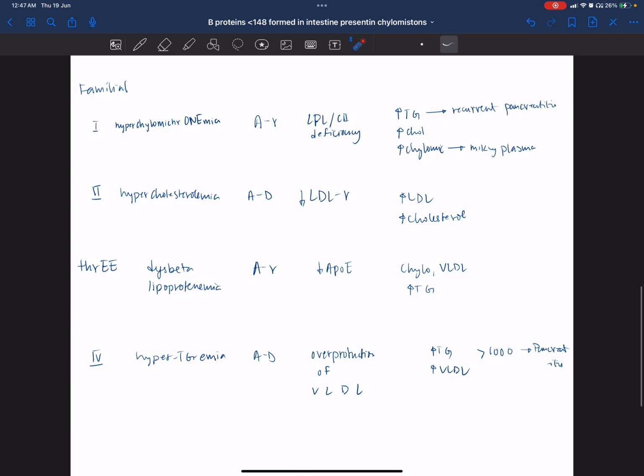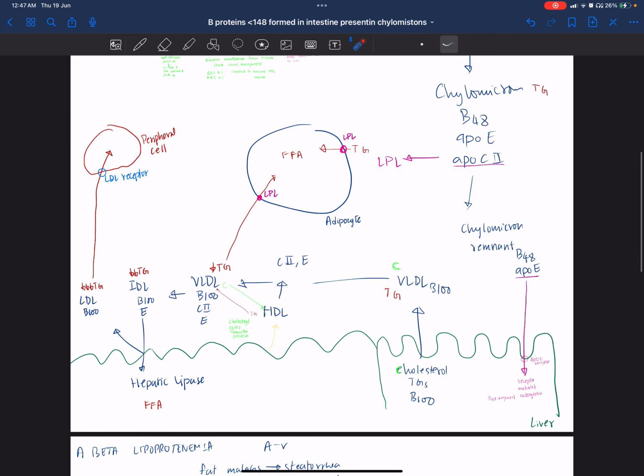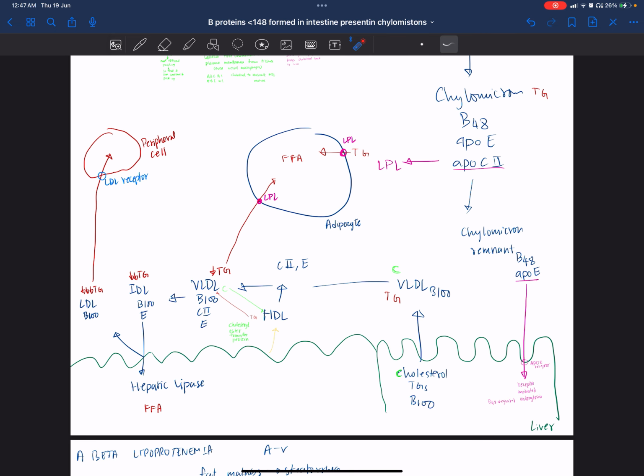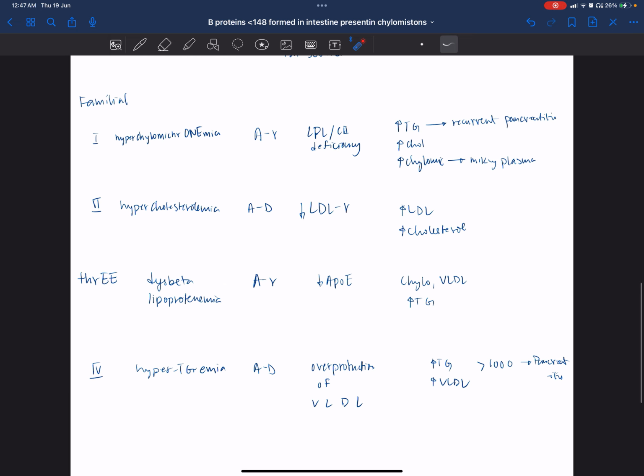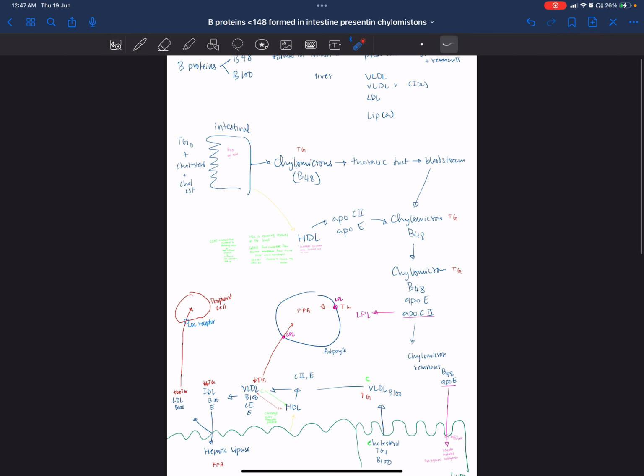So this LDL receptor is not there, so the cholesterol uptake cannot happen. The LDL which has cholesterol, so increased cholesterol. Now, 3 is E, so there's no ApoE.